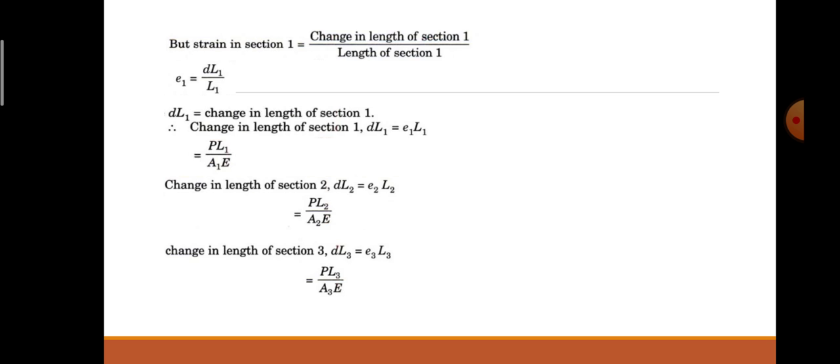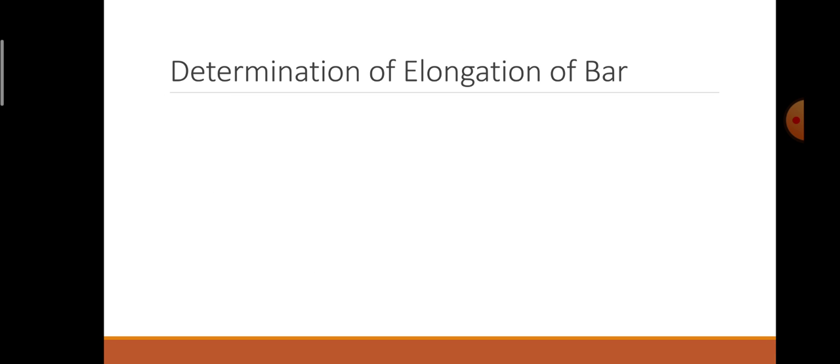After finding the changes in length, we find the overall elongation of the bar, which is the summation of the elongations at the different sections. So dl is equal to dl1 plus dl2 plus dl3, where dl is the total elongation of the bar and dl1, dl2 and dl3 are the individual elongations of the respective sections.